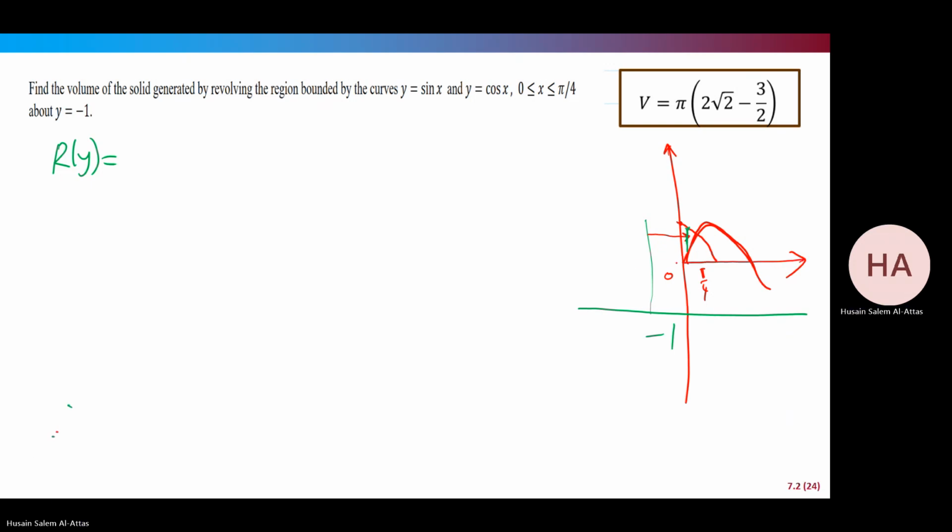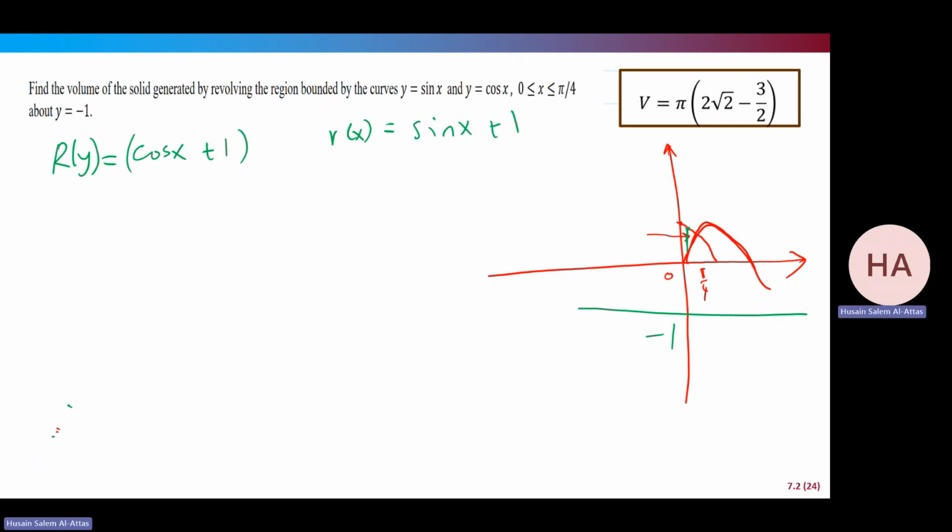It will be cosine plus 1, cosine x plus 1. What is small r of x? Now the other one, the inner, is sine x plus 1.